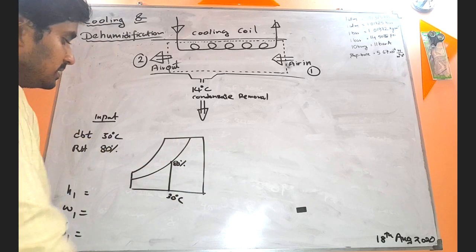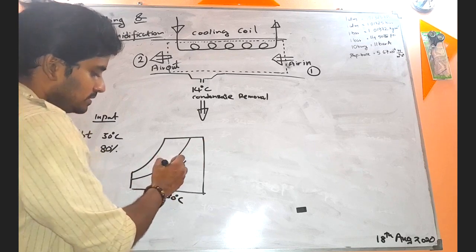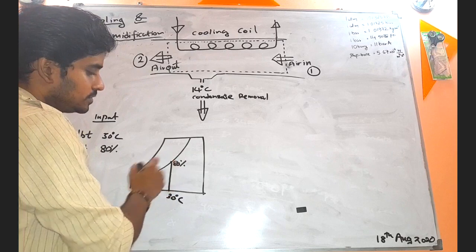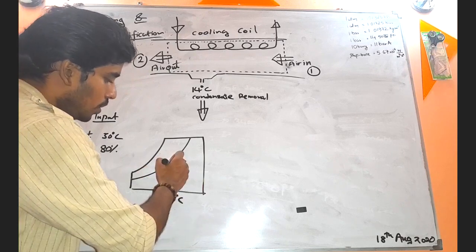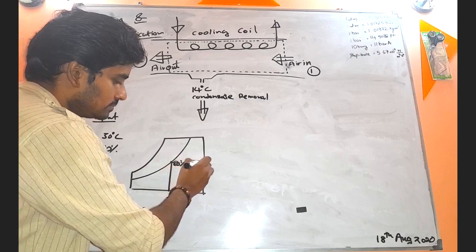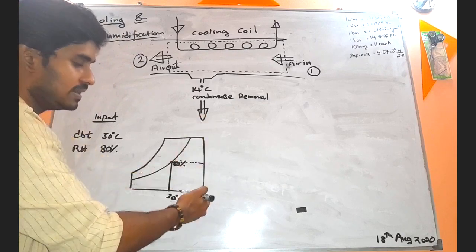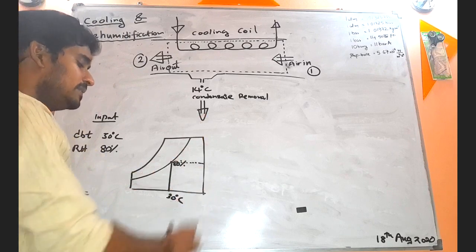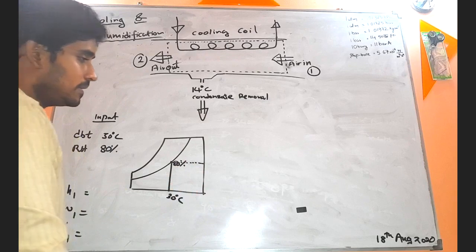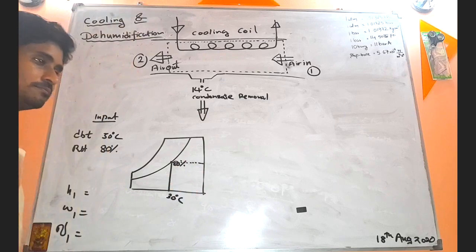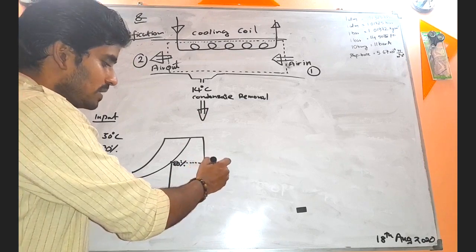Now from this point of intersection, you project a line horizontally until it intersects with this vertical scale, and there you can find the humidity ratio. That means kilograms of moisture per 1 kilogram of dry air. So that will give you the value for omega 1.